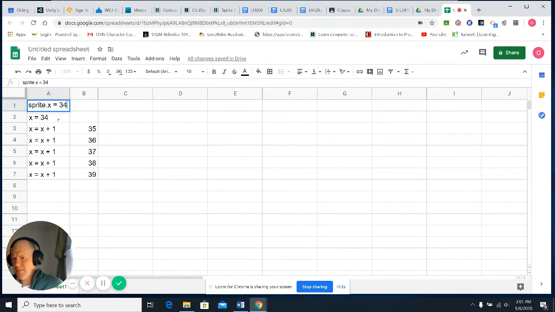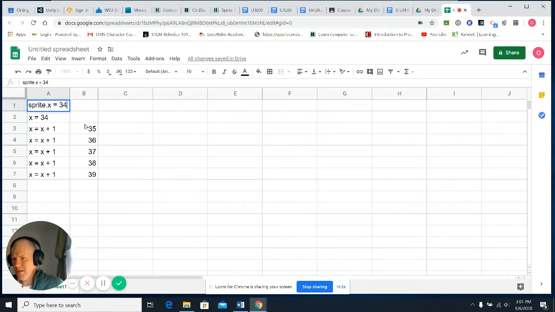It runs the program, starts at 34. Then x equals x plus 1. So wherever x was, it's going to be plus 1. Remember, we're going downwards. So 34 was the x. So x is going to equal x plus 1. 34 was here.